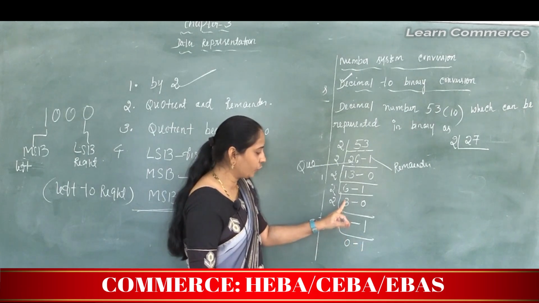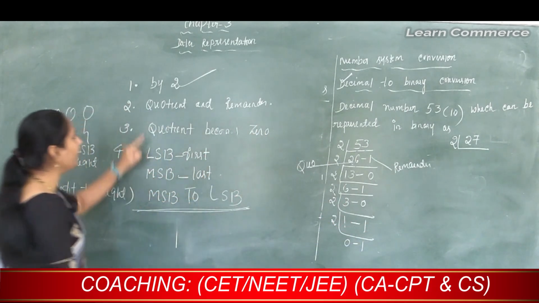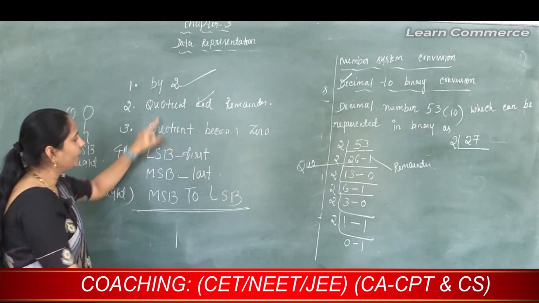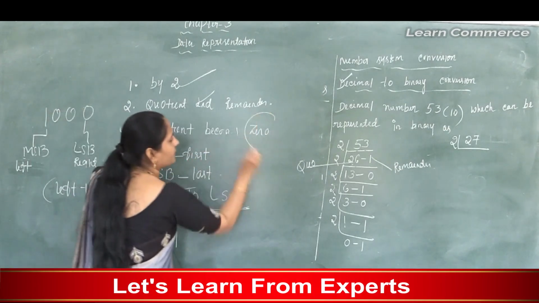2 1s are 2. Now the remainder is 1, but till where do we need to divide? So note the quotient and remainder, again and again divide it, and you have to divide until the quotient becomes 0.